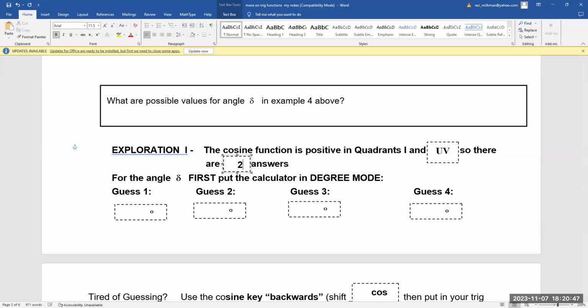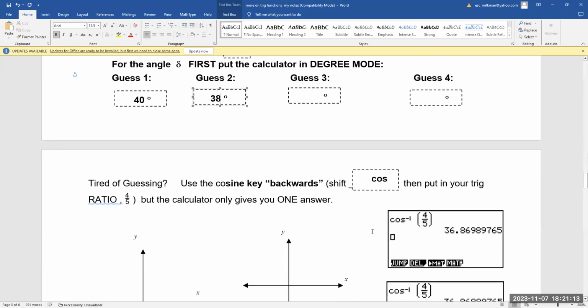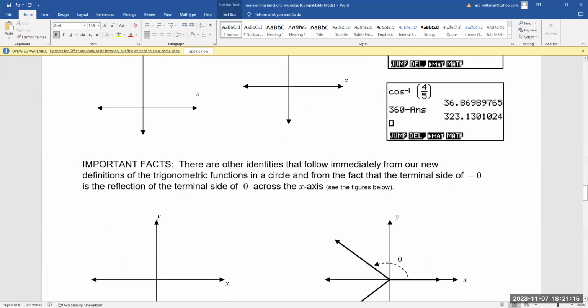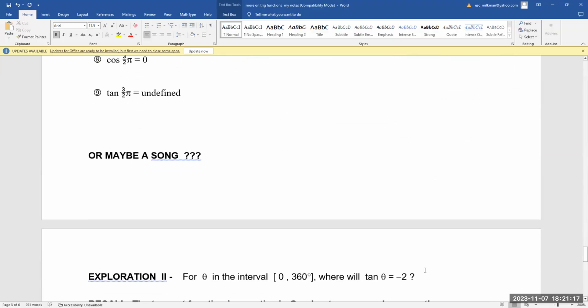And we explored that in the calculator by guessing. I think we guessed at maybe 38 degrees. And then we went to the calculator and we got the real answer to it.